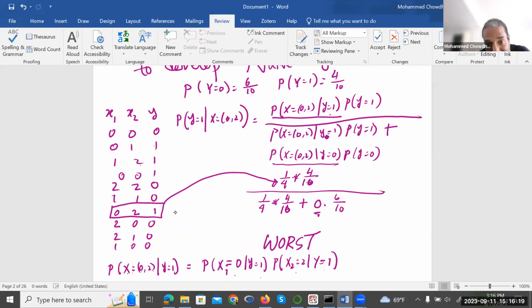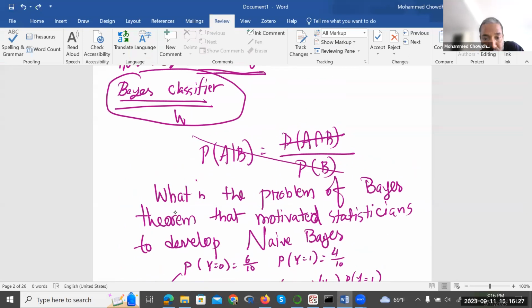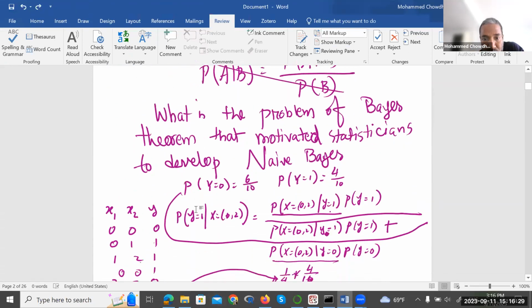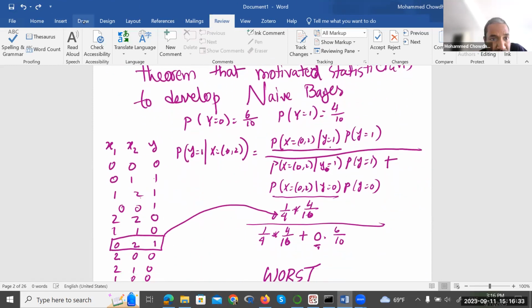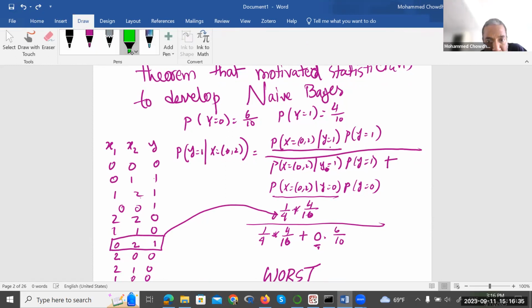So what they have done, this is the Bayes theorem.